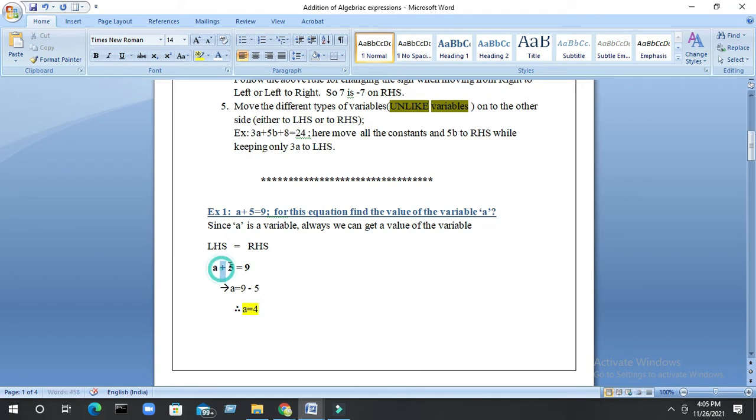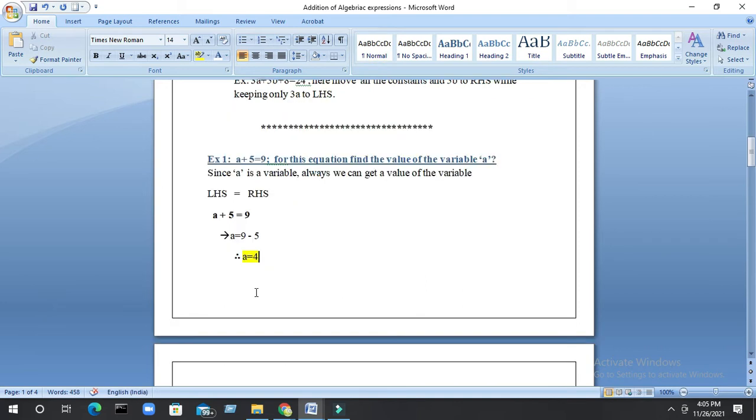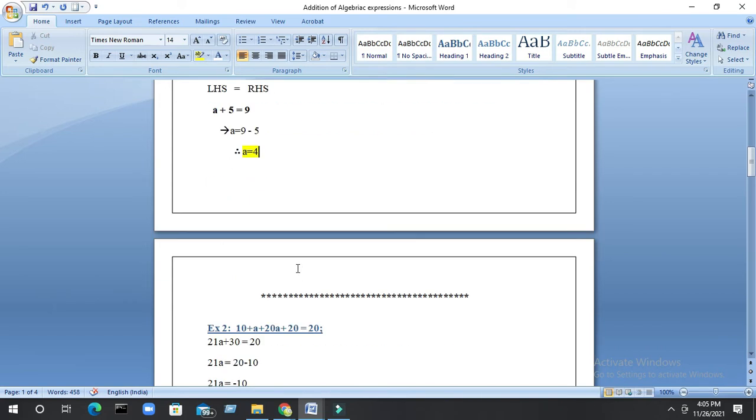Imagine you are keeping plus 5 in a basket and crossing the bridge. You are taking the steps, crossing the bridge from the left hand side and going down to the right hand side, and keeping that basket, and the item inside the basket is now minus 5. Therefore, a is equal to 9 minus 5, which is 4.